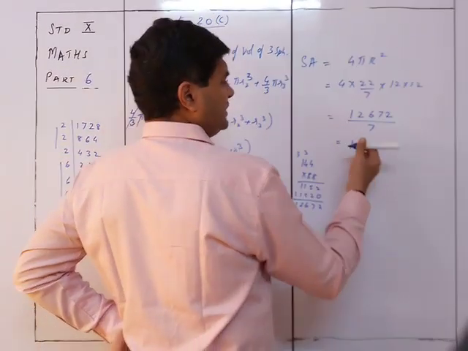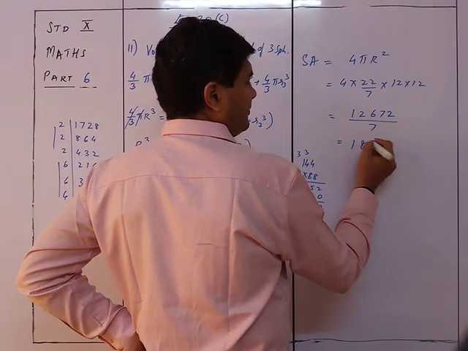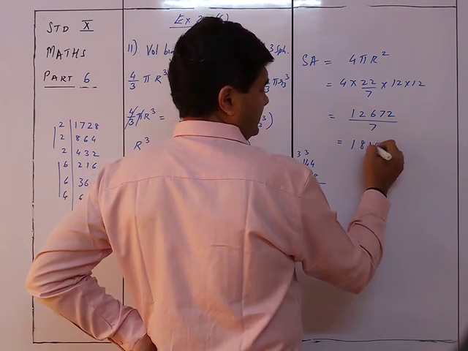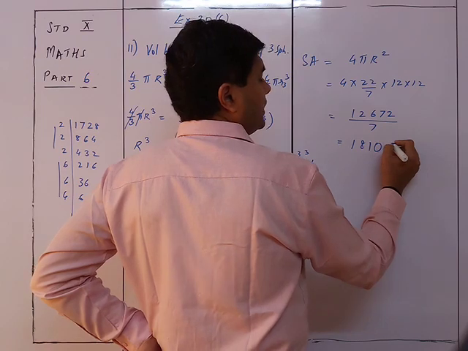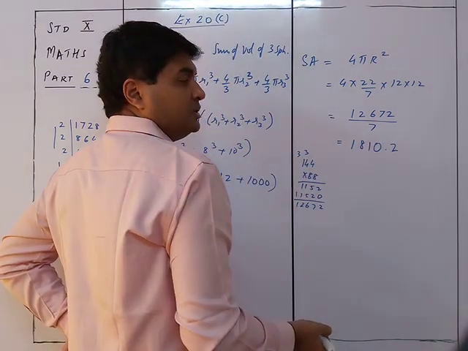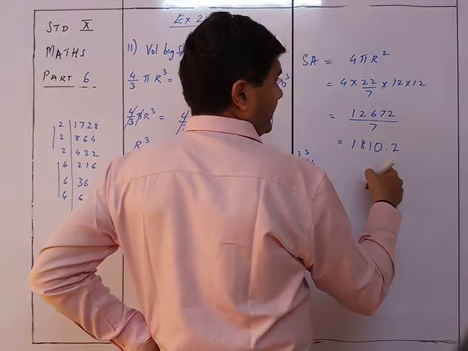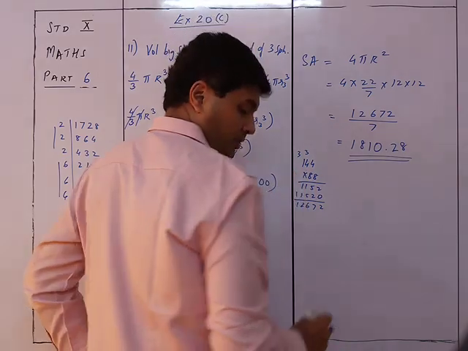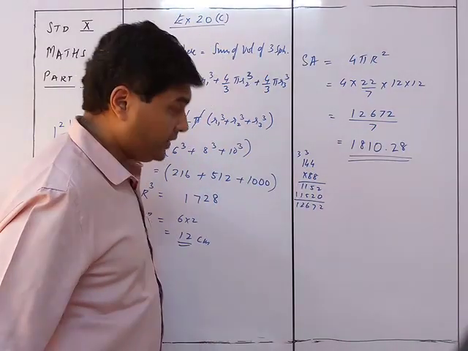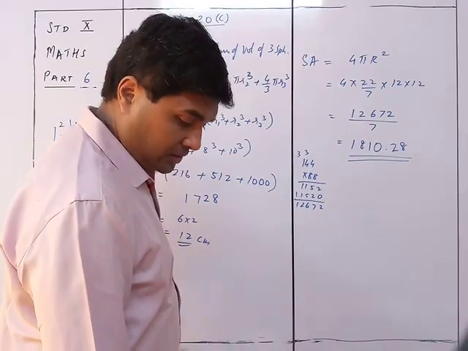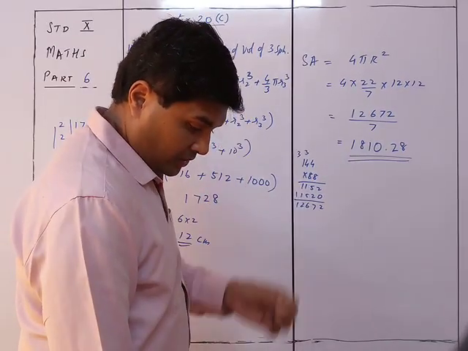So 56. 56 will be 8s are 56 directly, then 1 and then 20. So 0 plus 20 will be 2s are 14, and then it will be 60. 60 will be again, it will be 8s. So it will be this much. So it will be 1810.28 should be the answer.